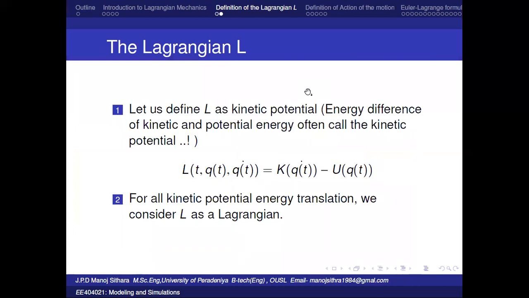There are no more any kinetic energy. Then the Lagrangian becomes negative because we have a very small portion of kinetic energy rather than potential energy, right?